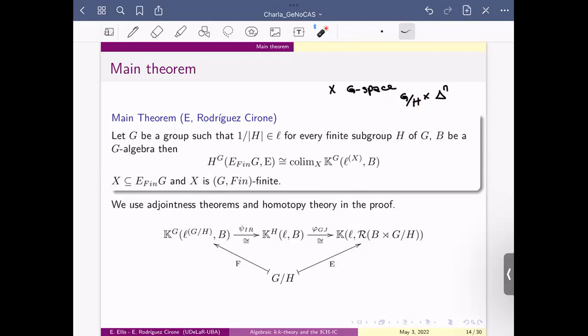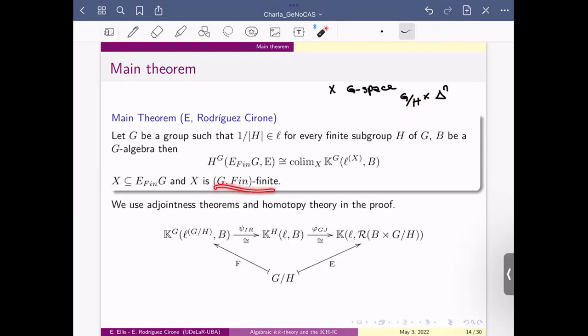Then, for example, if G is not finite, then the point is not a G-finite space, because here you have to have G mod G. If you take the n-simplex here, you need G mod G, and this is a G-finite space if G is finite.